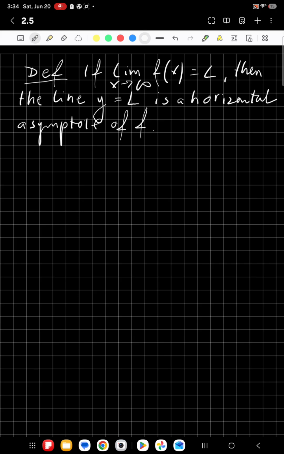I think the easiest way to explain this definition would be to give you an example. Example 1. Let's look at something like this: f of x equals 3x squared over x squared plus 1.